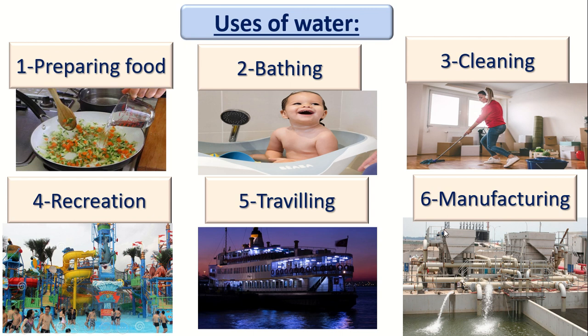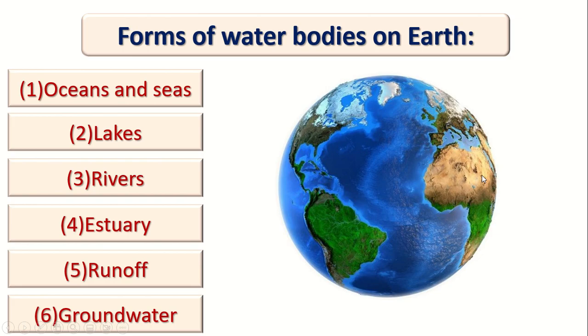And number six, manufacturing. Manufacturing means making a product in the factories. So, the uses of water are preparing food, bathing, cleaning, recreation, traveling, manufacturing.